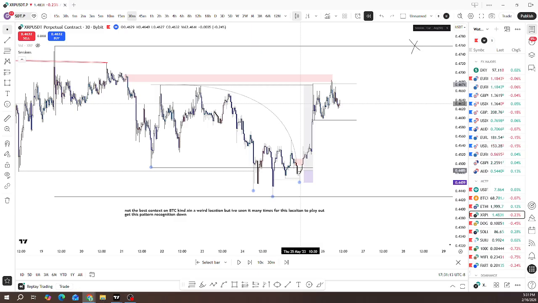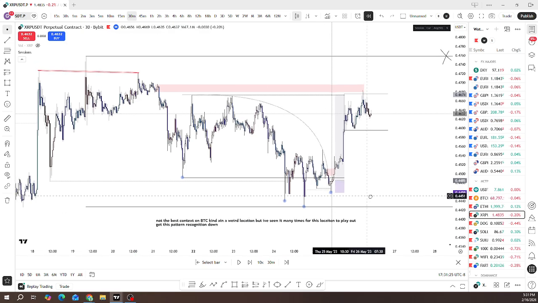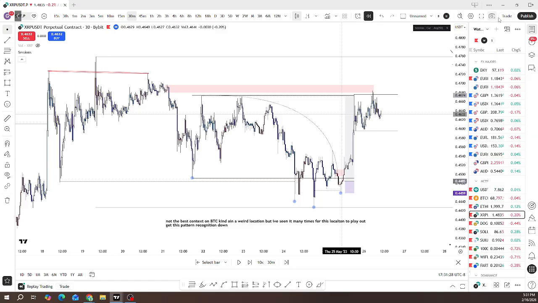The room for error says iffier context on BTC. Iffy context on BTC.